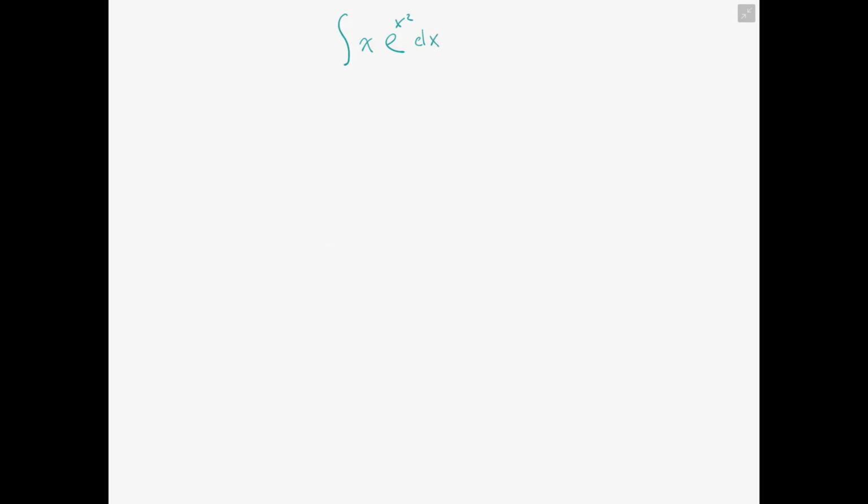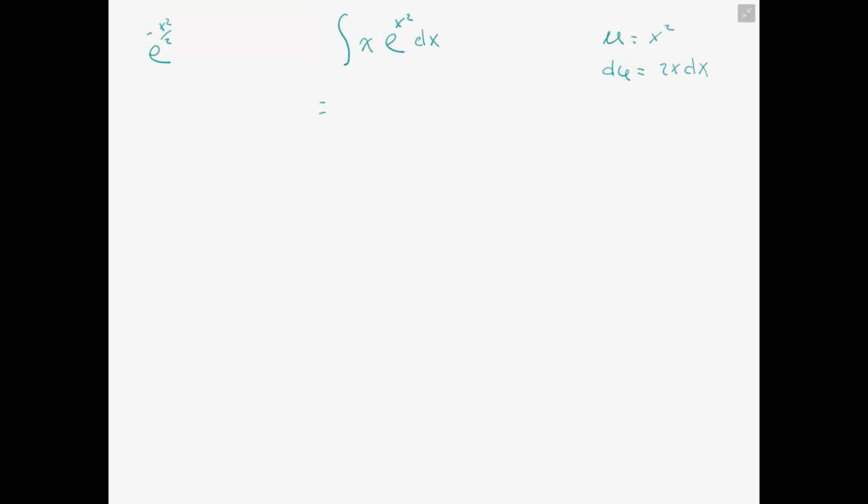Now, remember, this one looks very much like e to the minus x squared that I said was not integrable, the Gaussian curve. But that's not what we got here. It looks similar, but it's not. If we take a u substitution, we've got u equals x squared. We got du equals 2x dx.